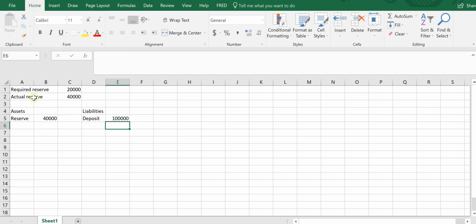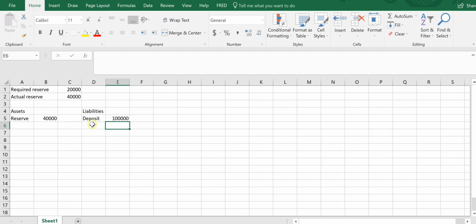Here it's not, because the actual reserves is $40,000 and the required reserves is only $20,000, so there are some excess reserves. That's because the deposit here is very high, and also because the reserve is very high.